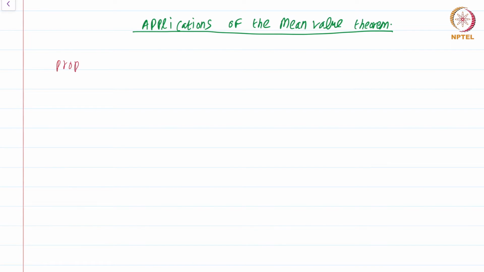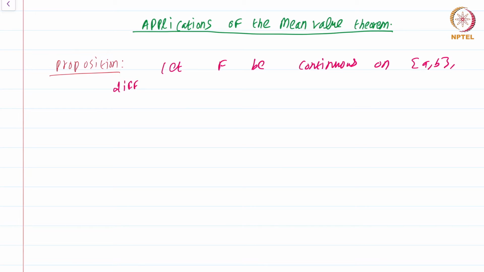Proposition. Let f be continuous on closed interval [a, b], differentiable on open interval (a, b), and of course a is less than b.